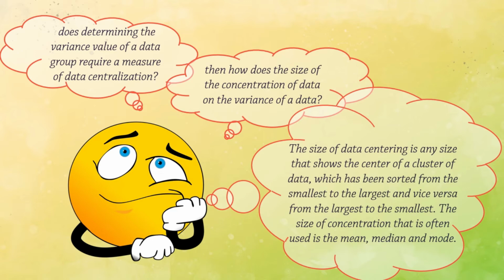The measures often used are the mean, median, and mode. Because measures of data centering include the mean, median, and mode, they are very useful when we are trying to determine the variance of a data set.